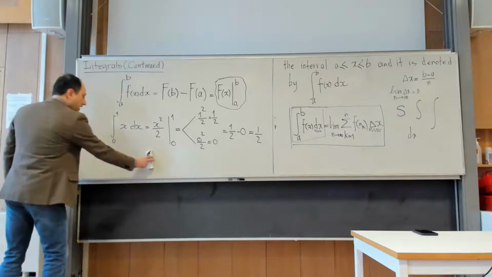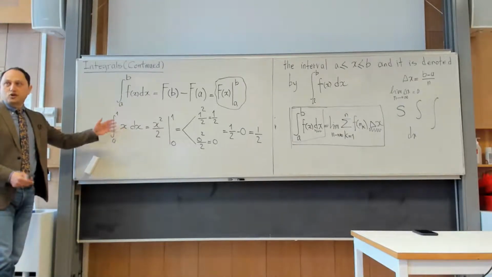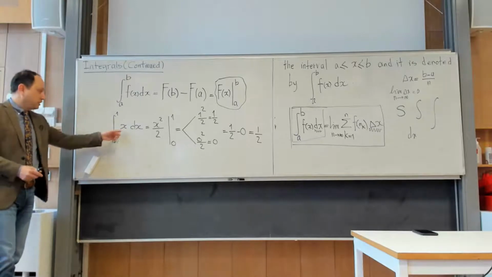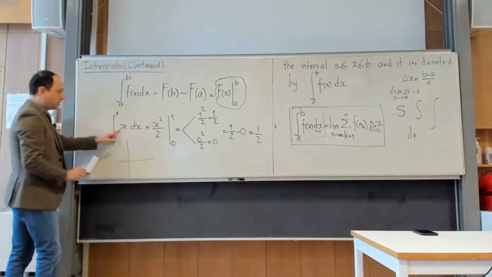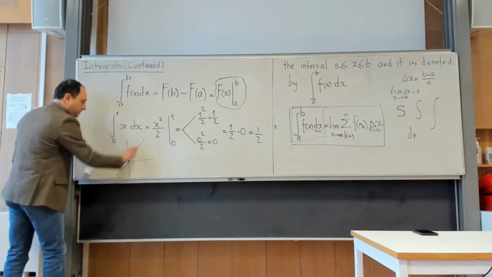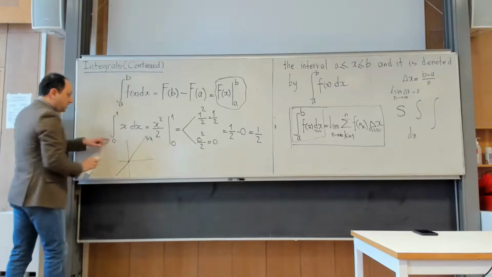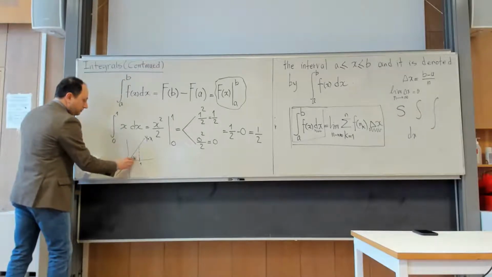X. So it means that if I ask you in the exam, draw a graph so that that area is represented by this integral, you would say that, okay, I draw the graph y equals x. Hopefully you know that this is the bisector. And then I start from 0 to 1, and then I go vertically. This would be this area.